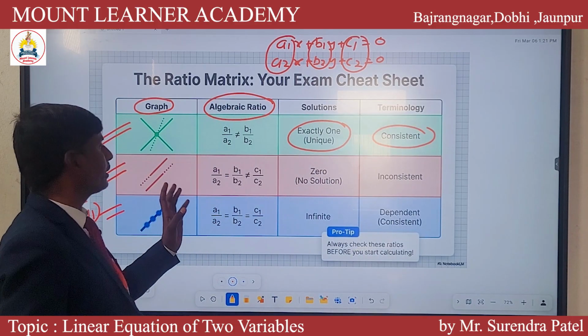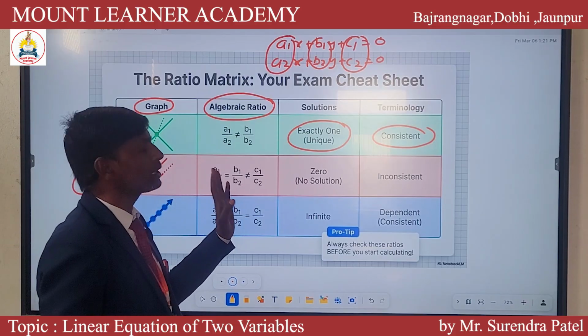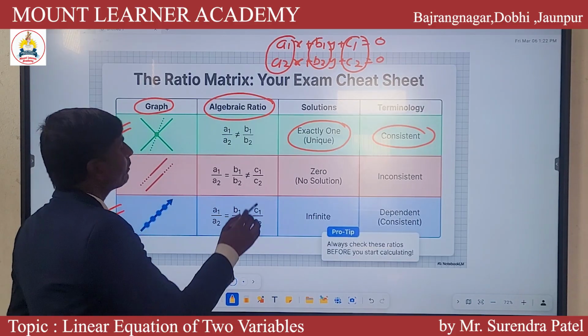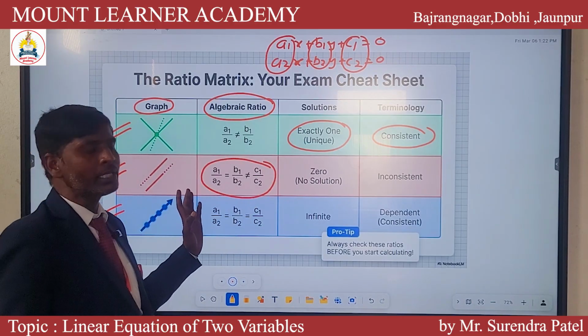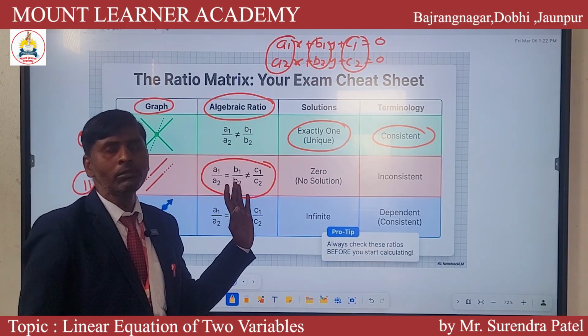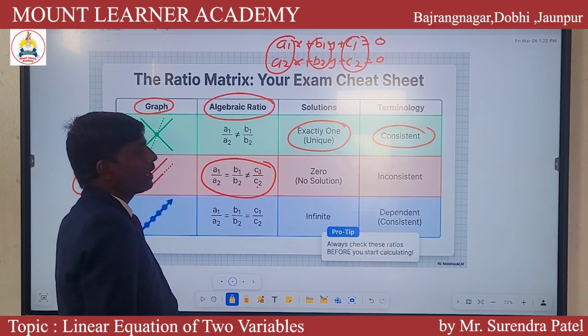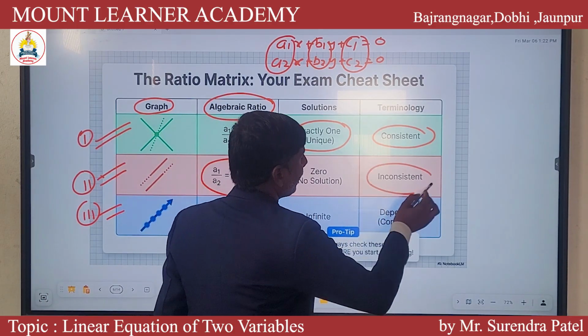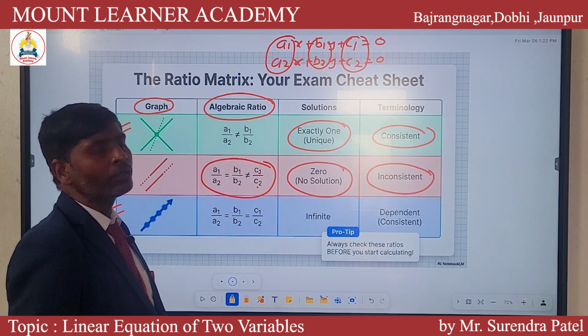If the ratio a1 upon a2 is equal to b1 upon b2 but does not equal c1 upon c2, this condition is called inconsistent, and in this case there is no solution.